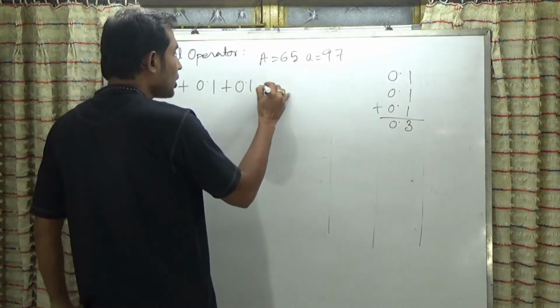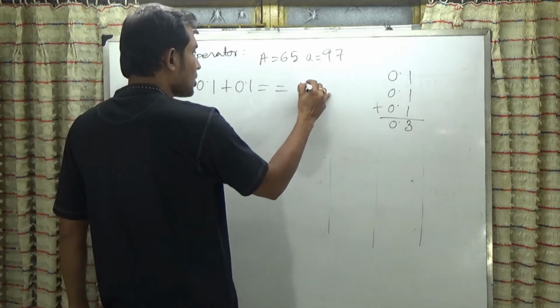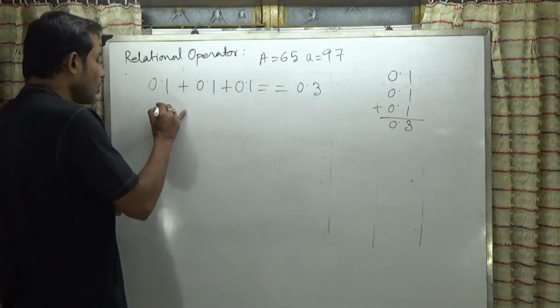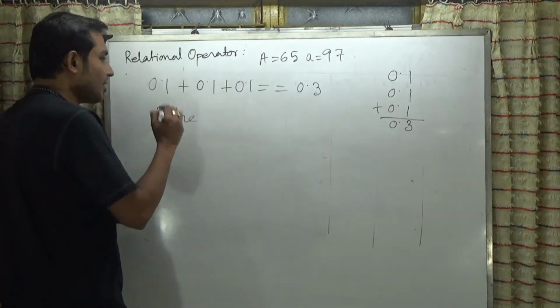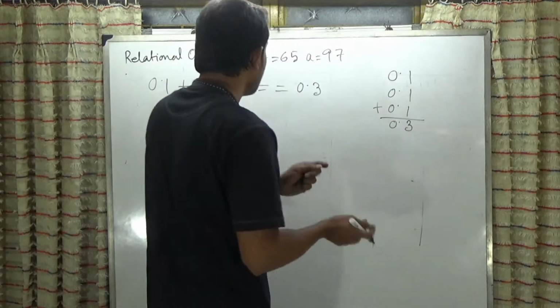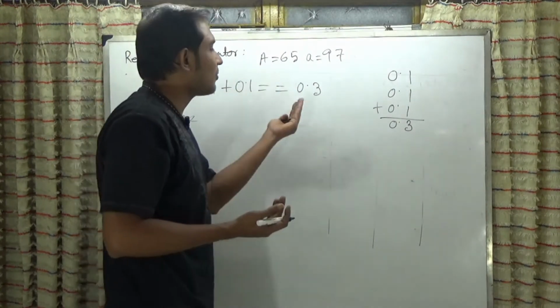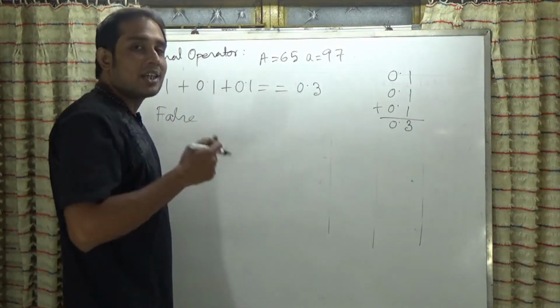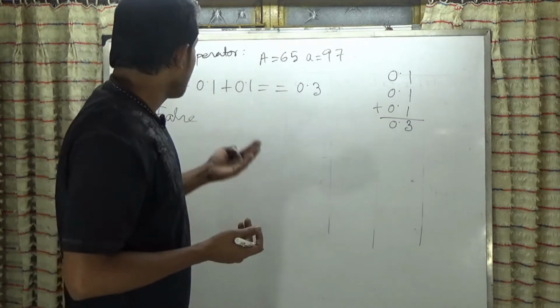So if I check whether it equals 0.3, in Python it returns false. But why? Mathematically it gives the value of 0.3, and I am just comparing it with the value of 0.3, but in Python programming it returns false instead of true.